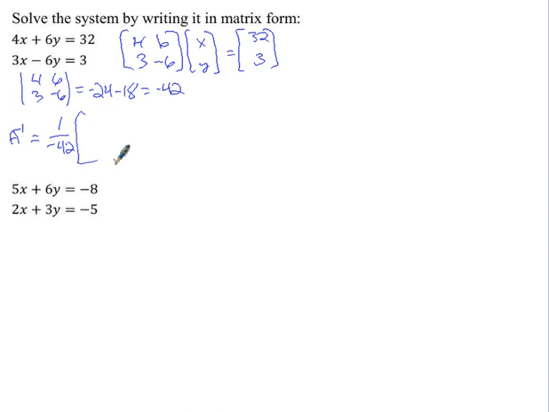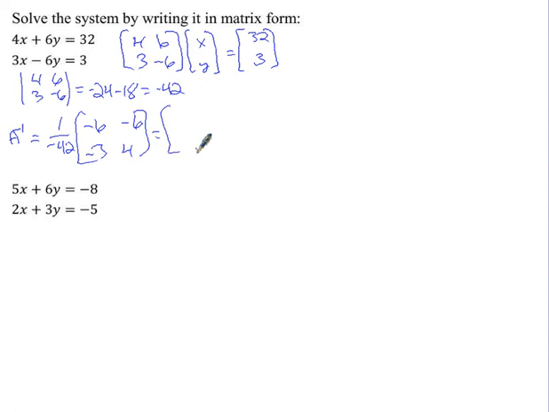This reduces pretty well. Okay, my coefficient matrix, negative 6, negative 6, negative 3, 4. The A and the D switched. These signs changed. Okay, distribute. Send in the scalar to each term.